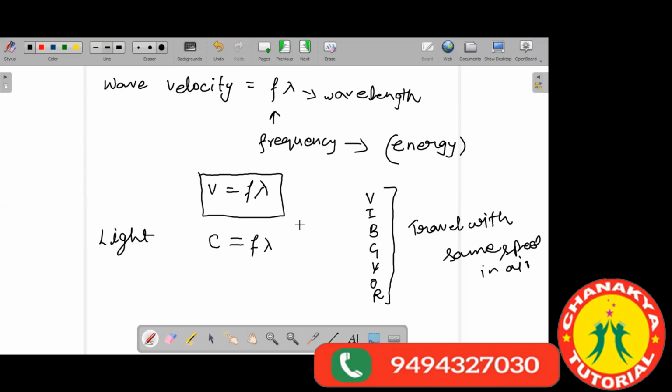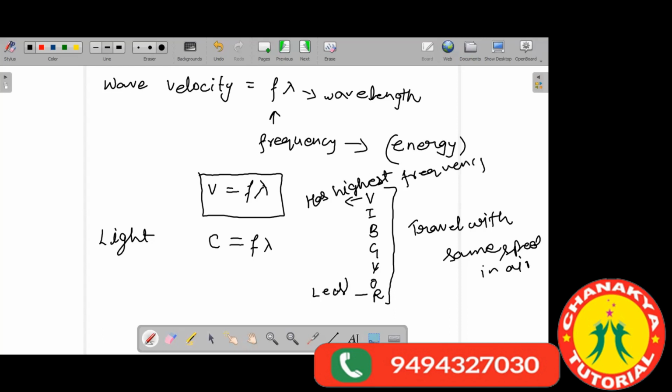Now, if I observe the spectrum of light, in the spectrum of light, violet has the highest frequency. This is a point to be remembered, that violet has the highest frequency. And red has the least frequency.